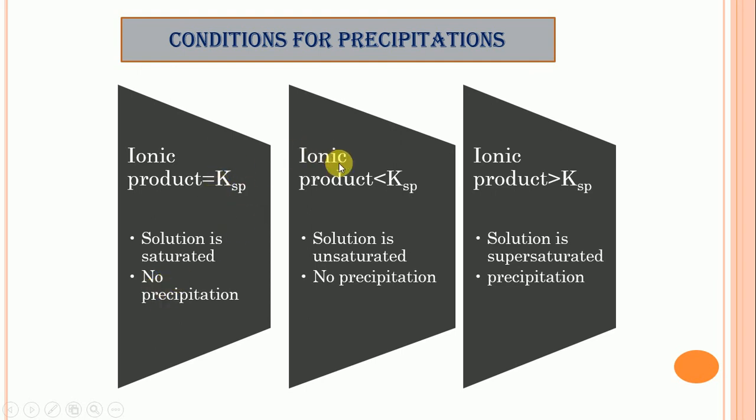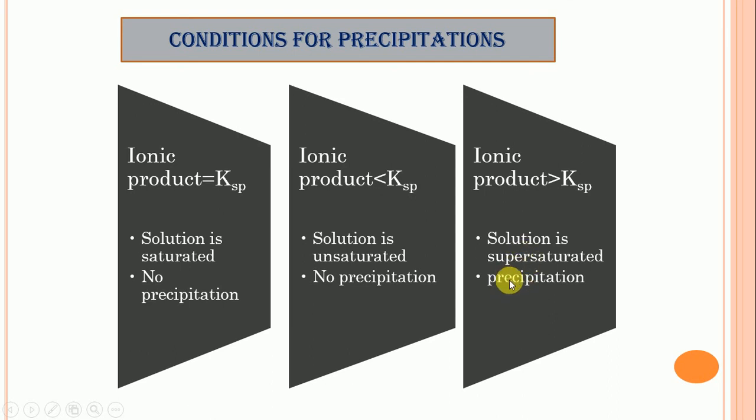Now second condition, when ionic product is less than solubility product, then the solution is unsaturated and again no precipitation occurs. But when ionic product is greater than solubility product, that means the value of ionic product is greater than Ksp, then the solution is called supersaturated and then precipitation occurs.